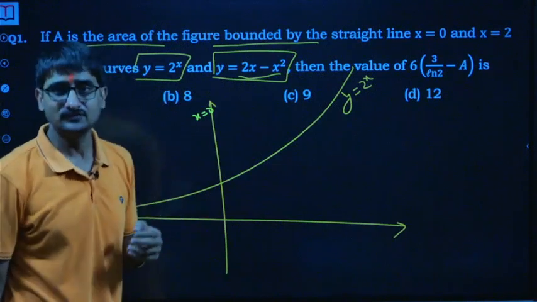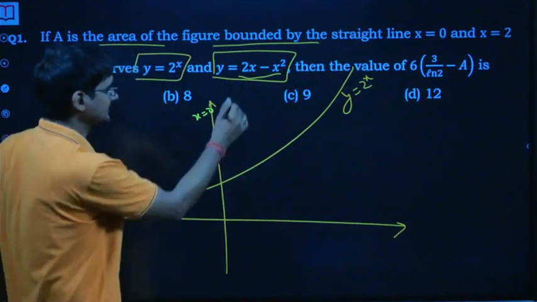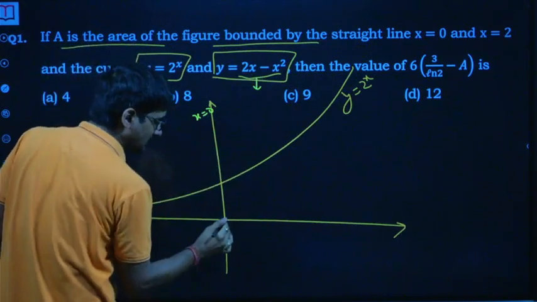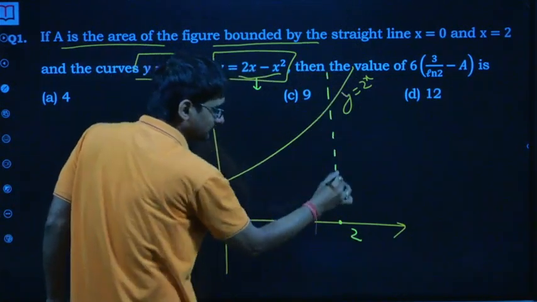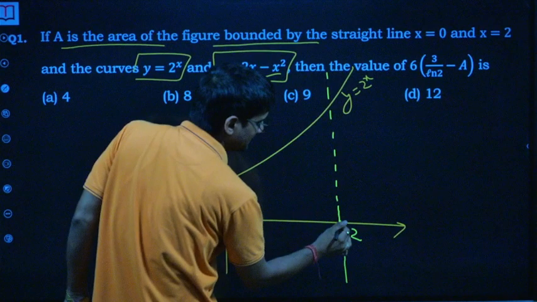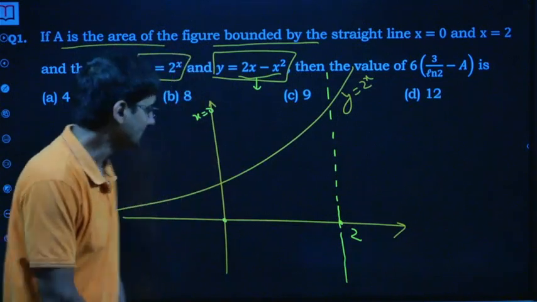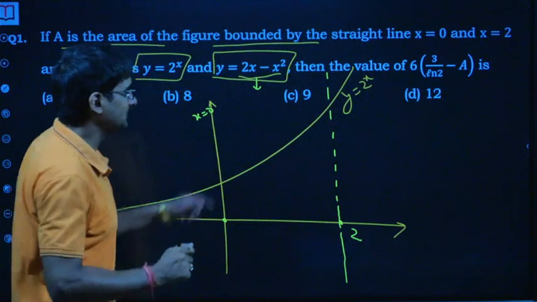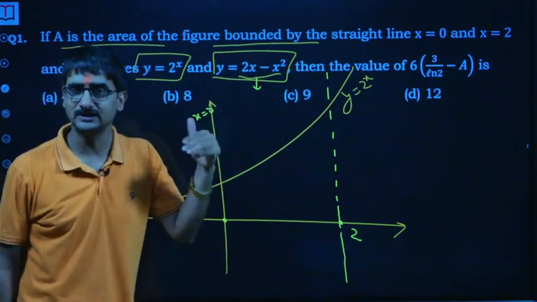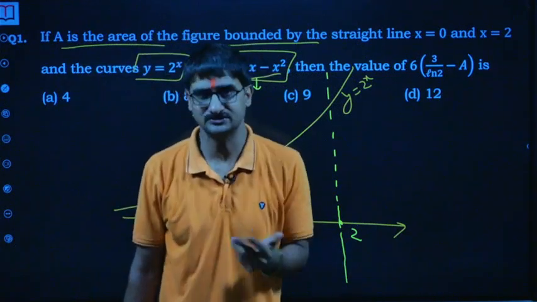Of course, we need to figure out whether these two curves intersect or not. We know the roots of this quadratic are 0 and 2, and it's the same 2 through which the vertical line x equals 2 passes. It's an open downward parabola, and it takes its maximum value at the vertex, which is at minus b by 2a, so at x equals 1.